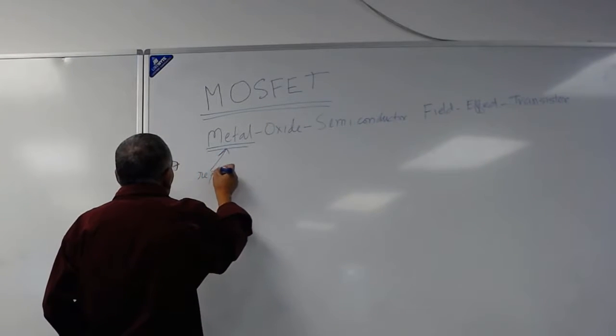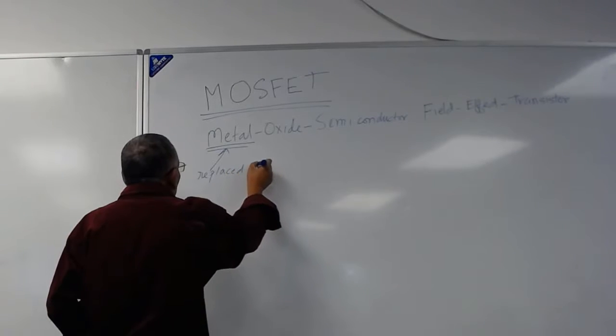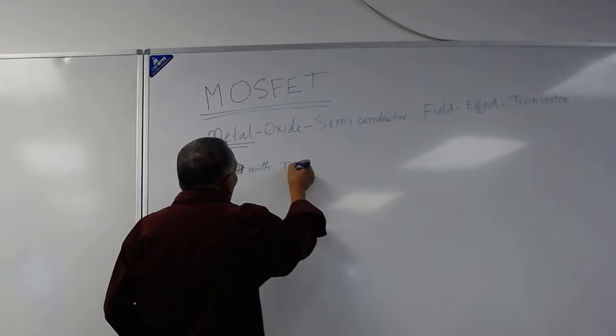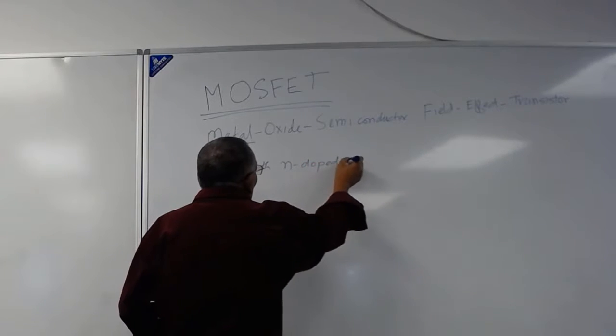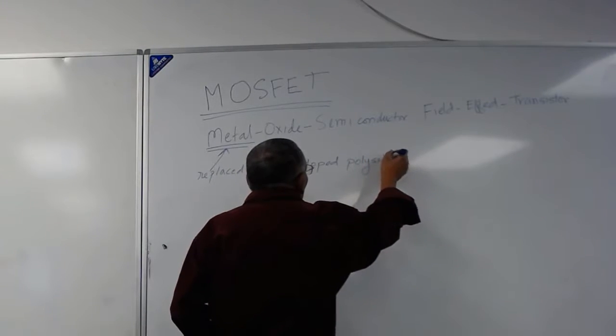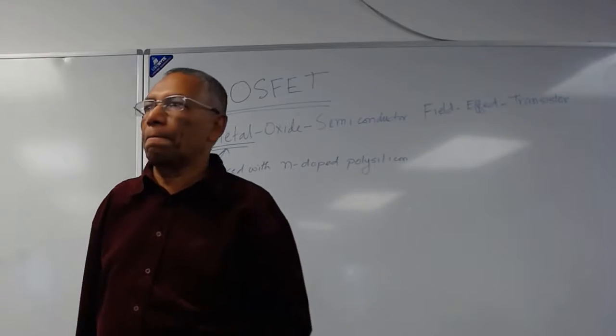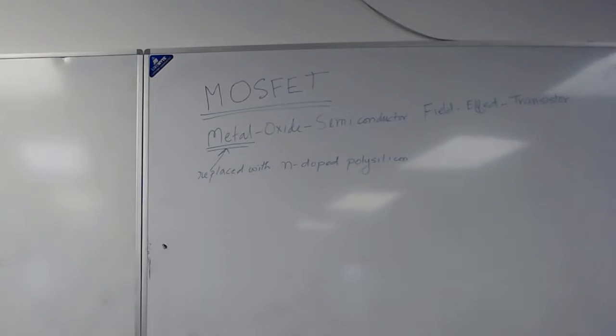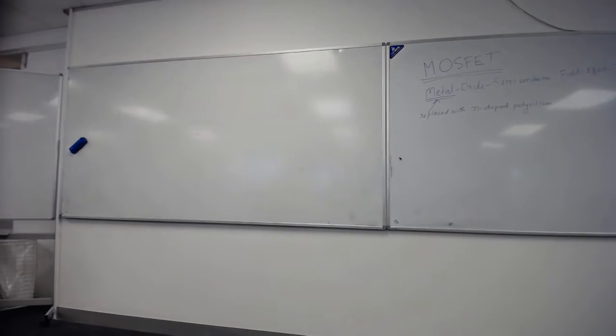n-doped polysilicon. So n-doped polysilicon means, we know crystalline silicon, which we use for all the devices, but polysilicon is amorphous silicon, which is not crystalline, which has many different structures in it.